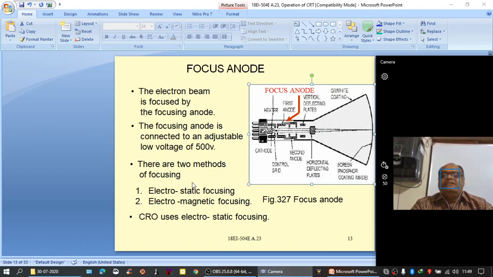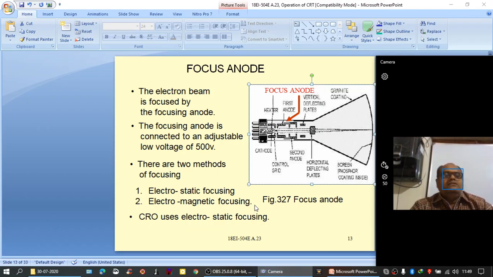There are two methods of focusing: electrostatic focusing and electromagnetic focusing. And the cathode ray oscilloscope uses electrostatic focusing. And our TV tubes, they make use of electromagnetic focusing. The older version of TVs.